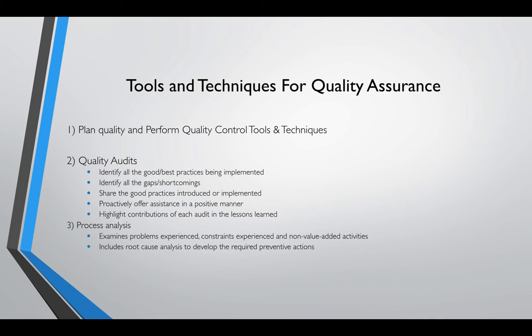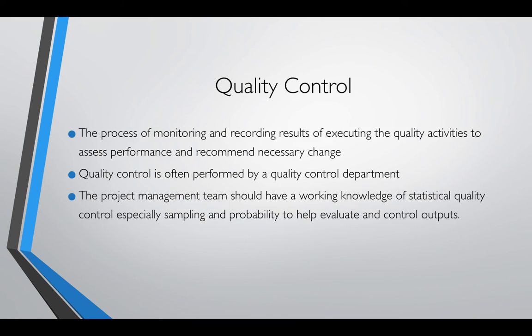Is there something that we could document? Is this being tracked on this checklist? Are the results of the slump, the air, are they being put on that checklist? What else can we do to avoid this deficiency? So quality assurance is going to be looking at that. They're going to be processing all the analysis, all the information that they have to prevent these issues from reoccurring. So that's tools and techniques for quality assurance.